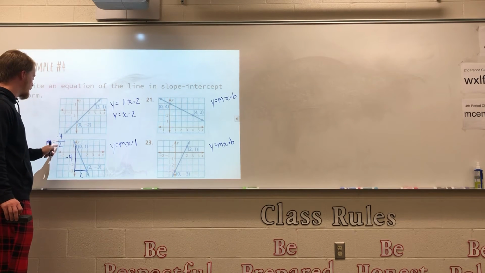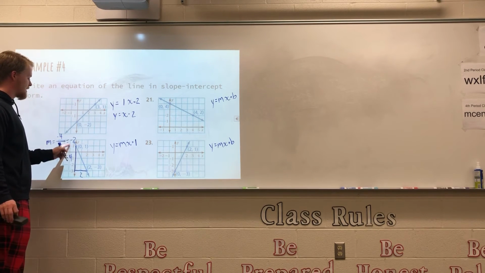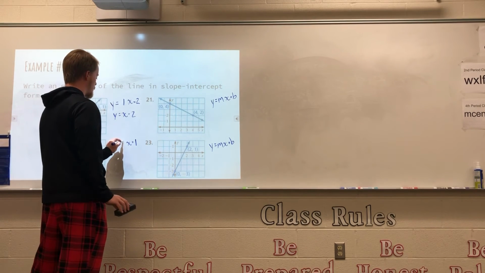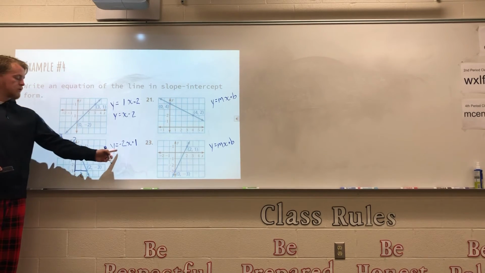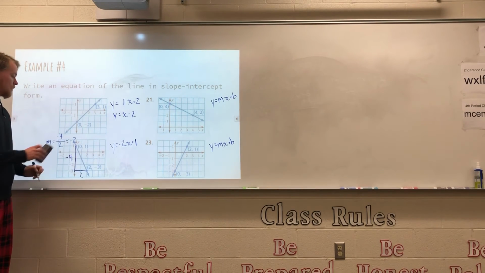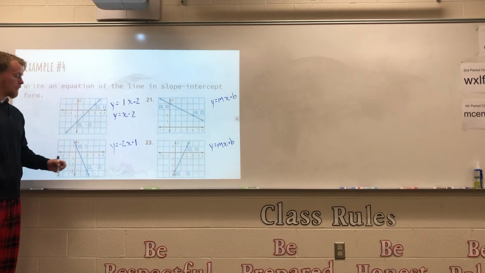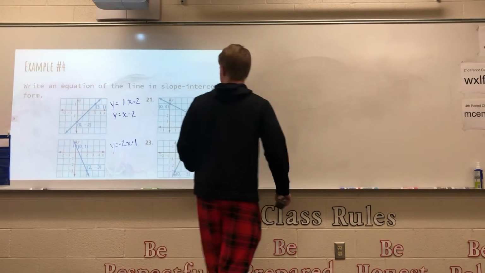Negative 4 divided by 2 is just negative 2. So my m would be negative 2. So my slope-intercept form equation for this graph would be y equals negative 2x plus 1. This goes with this.